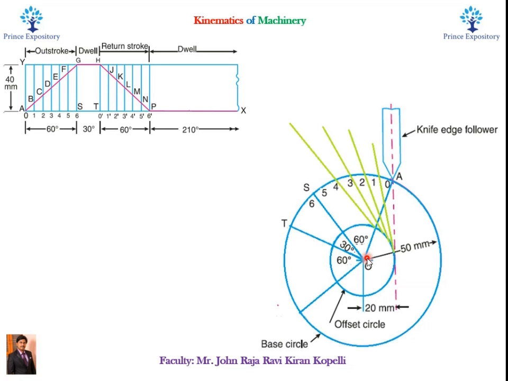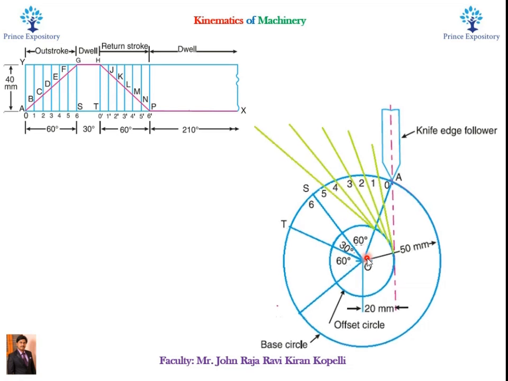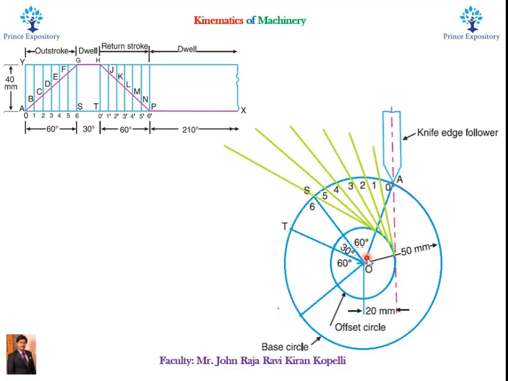Now passing through 4, passing through 5, and finally passing through 6. So this finishes drawing all the tangent lines to this offset circle passing through all the respective points in this outstroke division.